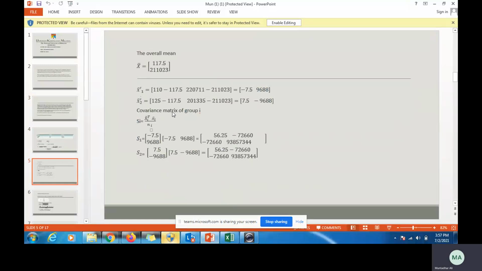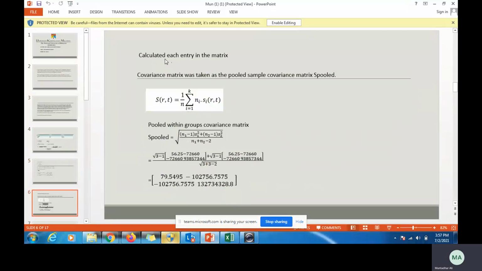Then we need the covariance matrix for each group. We use this rule, Si equal to the sum of X bar i over Ni. Then we calculate this value from X bar dash 1, X bar dash 2, and we get these results. Then we calculate each entry in the matrix.